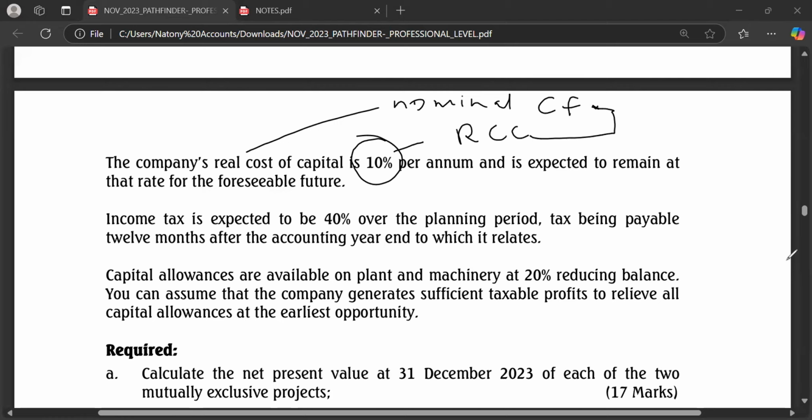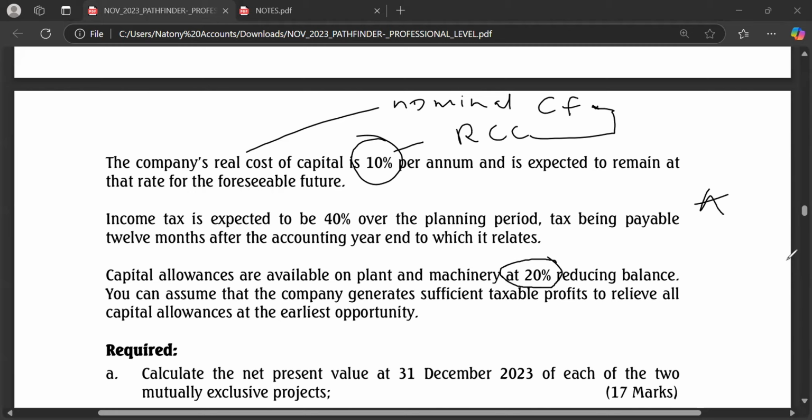Okay, income tax is expected to be 40% over the planning period, tax being payable 12 months after the accounting year end to which it relates. Capital allowances are available at 20%, so this will relate only to project A, because project B is fully depreciated, so no capital allowance will arise from that.